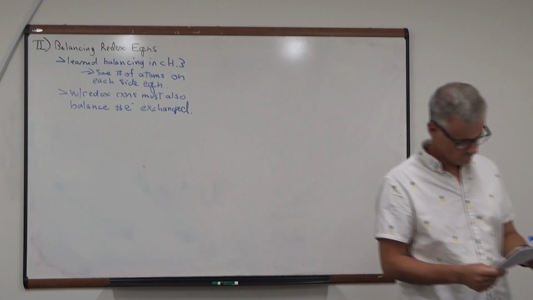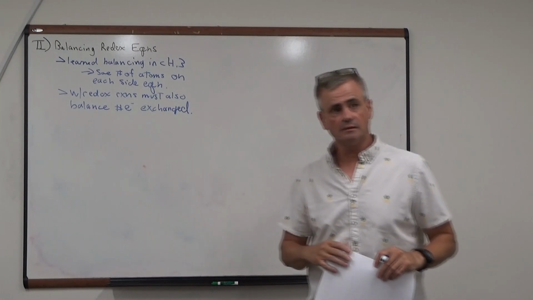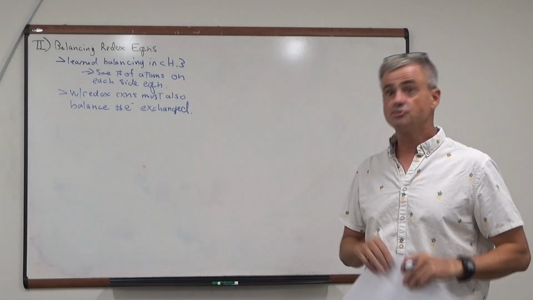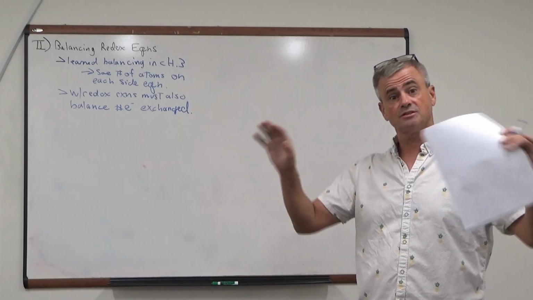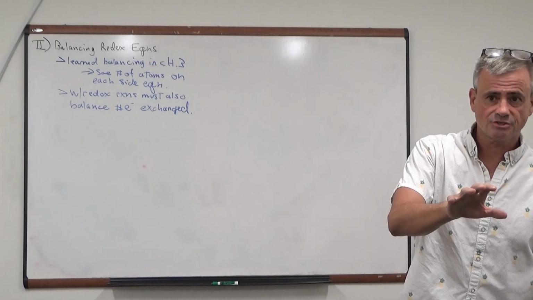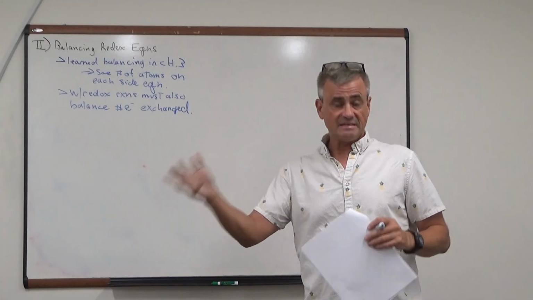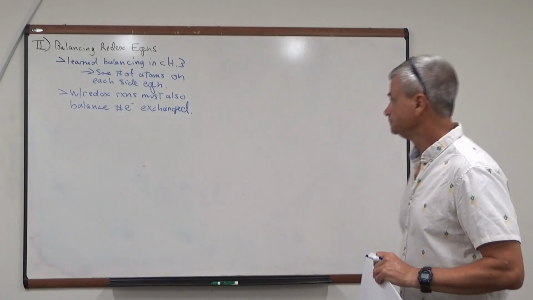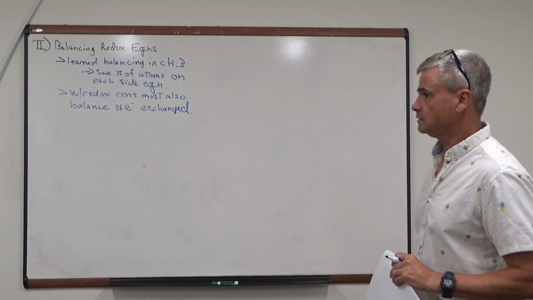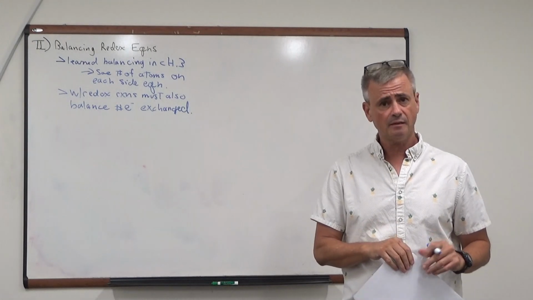Now we're going to learn that you can break the conditions into 2 separate categories: balancing a redox reaction in an acidic media or in a basic media. What I described to you before was basically how you do it in the acidic media.